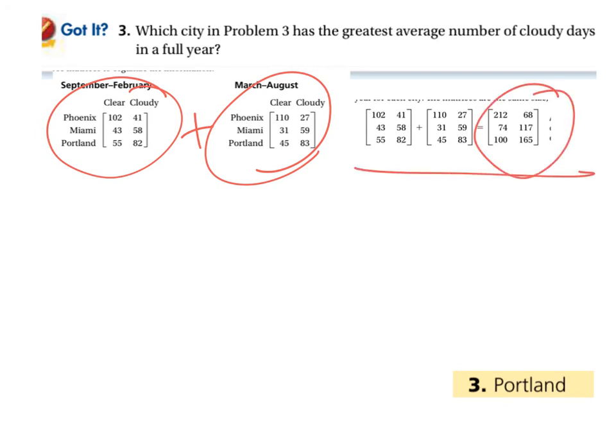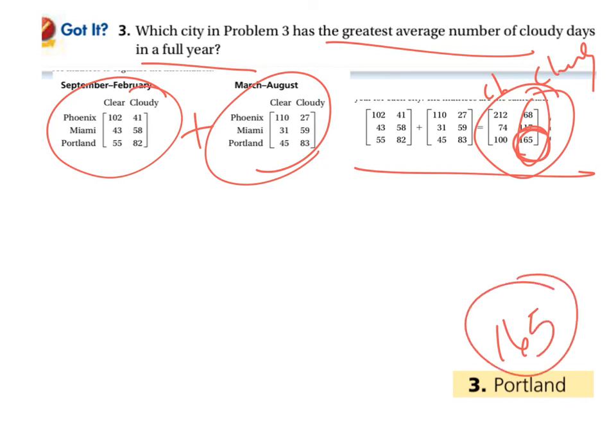So we have clear and cloudy. And we're looking at the cloudy column, which one has the greatest average number of cloudy days in a full year? We look for that biggest number, and we know this represents Portland cloudy right here. So 165, Portland cloudy wins out on that one.